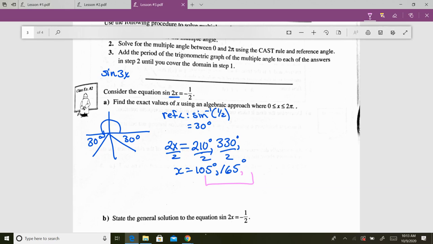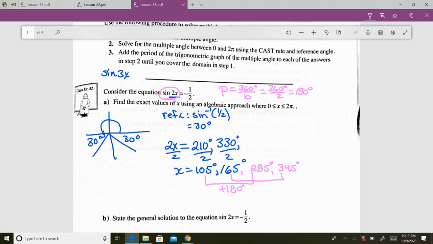So what's the period of this graph? 180 degrees, right? Because remember yesterday we learned that period is 360 over your b value. Our b value is 2, so it's 180. So I add 180. 105 plus 180 is 285. And then I add 180 to 165, and I get 345.